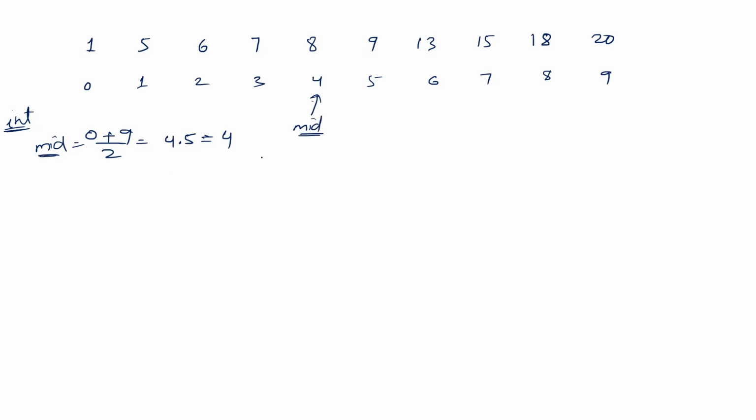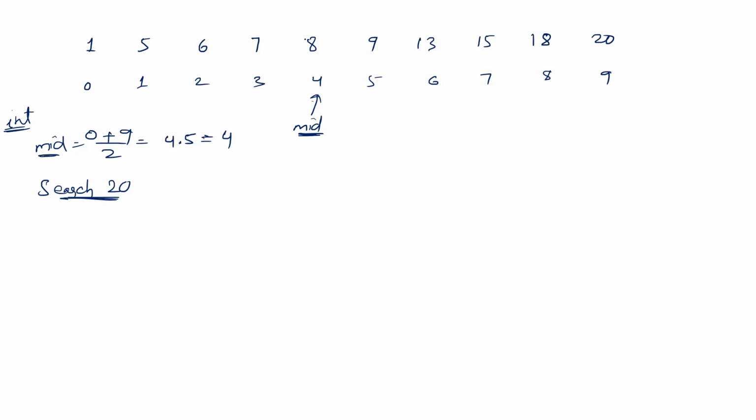So in this way, we are dividing the elements into two parts. Now why are we dividing? See, let's suppose you are searching for 20. Then you will search for the middle element first.